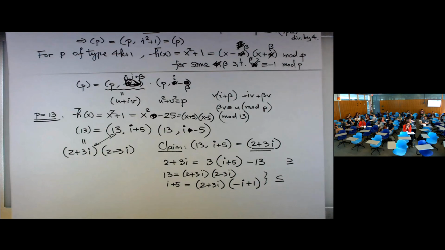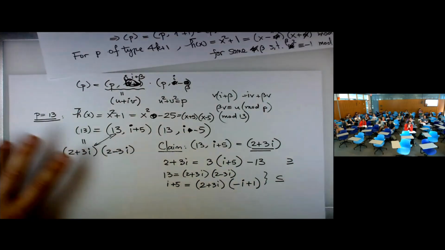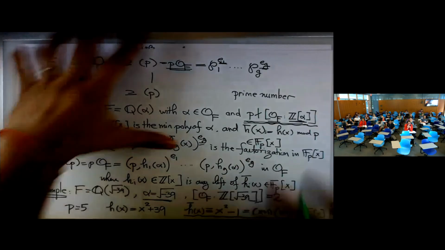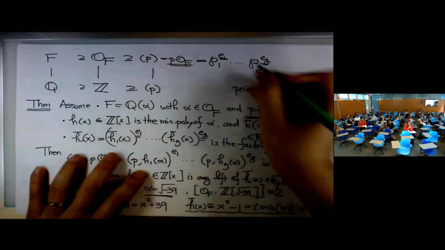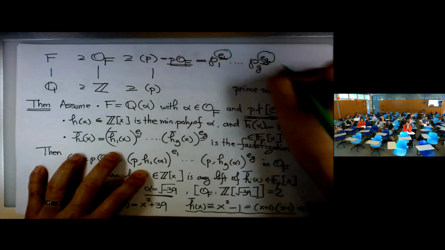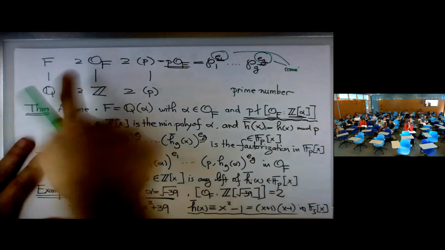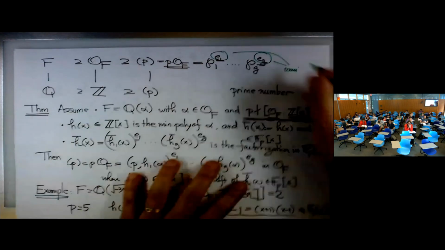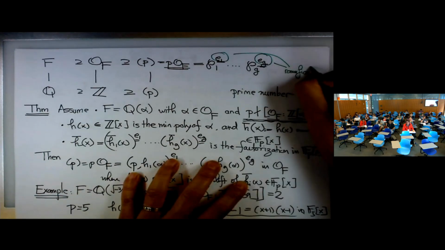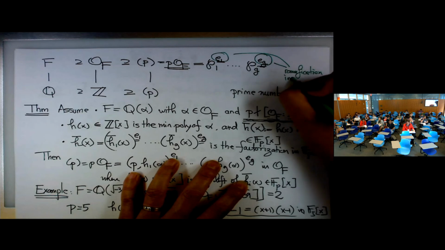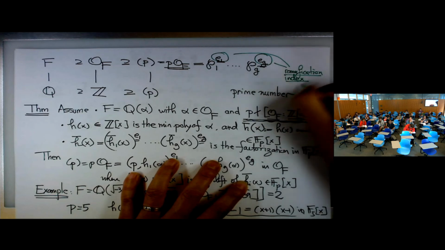Maybe for the last couple of minutes, let me introduce some terms first. Oh, we're already ending, sorry. Really quick, a couple of terms. These things are called ramification. Remember, this is the factorization we had earlier. This exponent is called the ramification index or ramification degree.